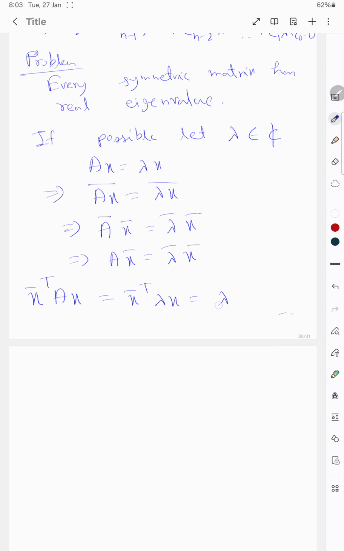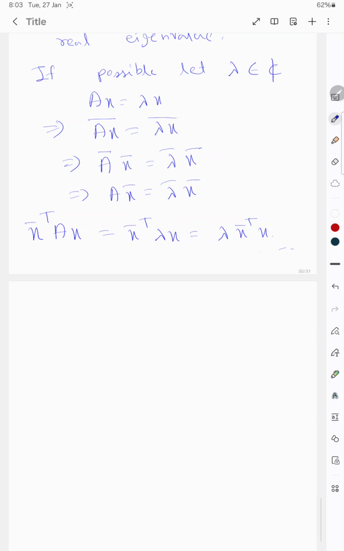So from there you have lambda into x bar transpose into x. Now suppose you have A x bar into x. This is also the same, because if you take the transpose of A x bar, you get x bar transpose into A transpose, right?